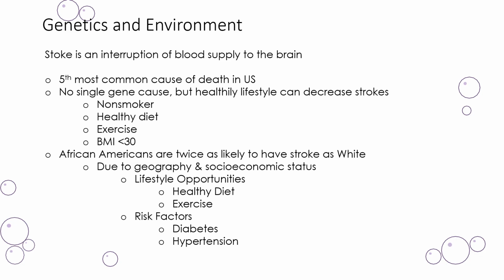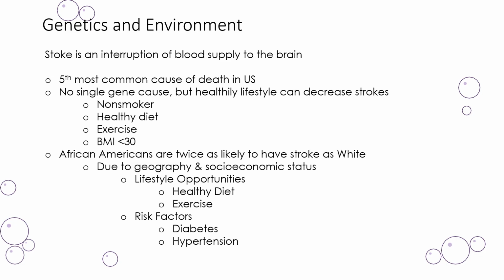African Americans are twice as likely to have a stroke as white clients. This is due to geography and socioeconomic status. It could be due to lifestyle. So we want to make sure we encourage them to eat a healthy diet, exercise. Some other risk factors are diabetes and hypertension.